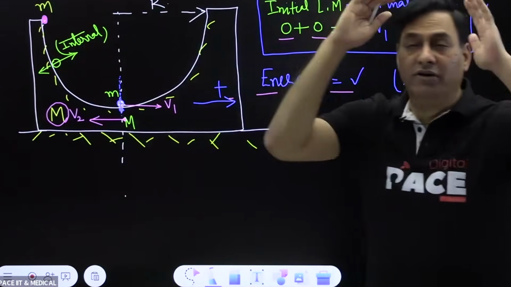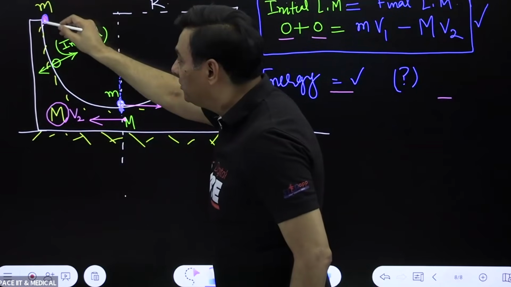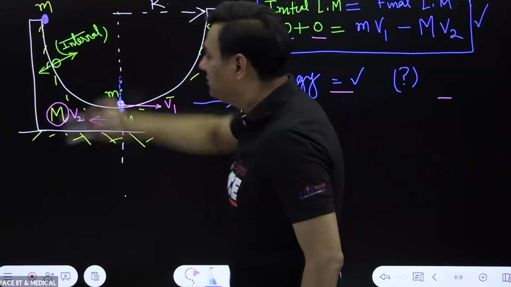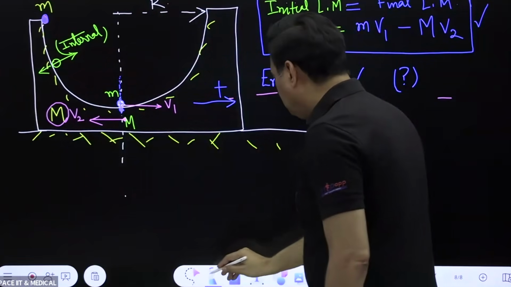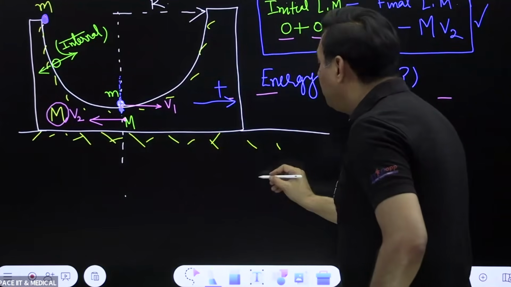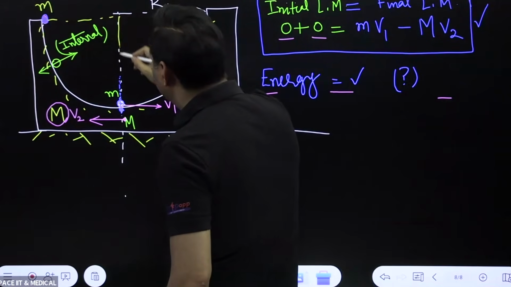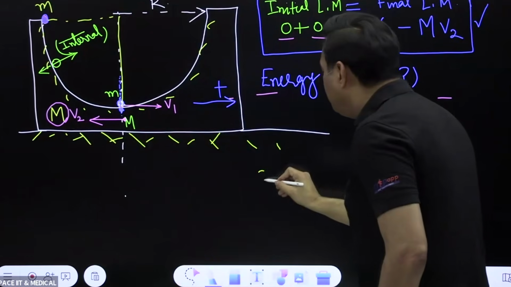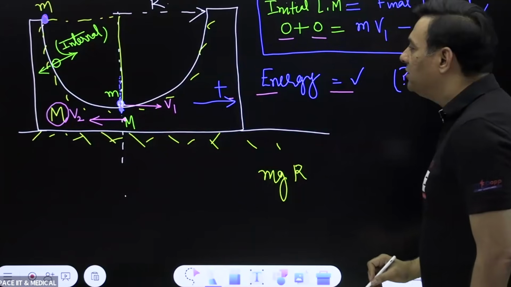What is the loss in gravitational potential energy by small m? It is a point mass. How much height has it fallen down? This much height. So mgR is the loss in gravitational potential energy by small m.